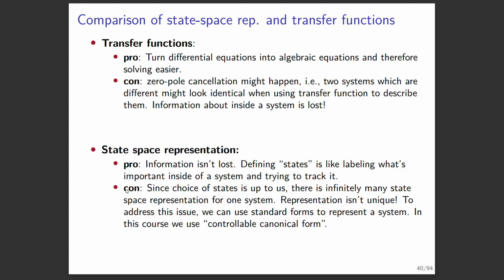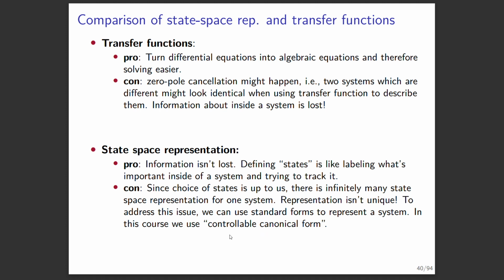So for that reason, to address this issue, people have created standard forms to represent the system. People have said, okay, if you want to write down a state space representation, how about we define standards, and then there are names.